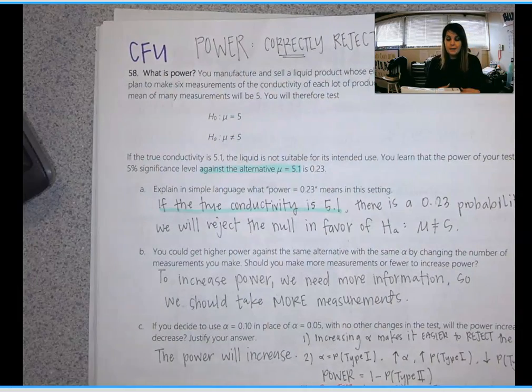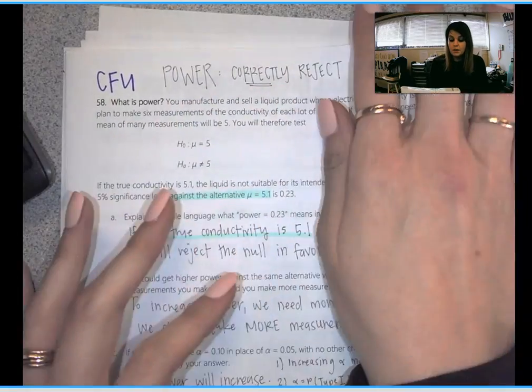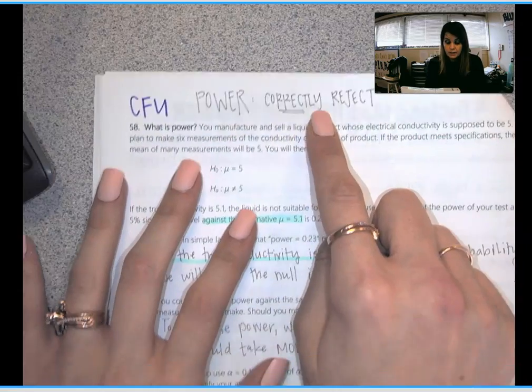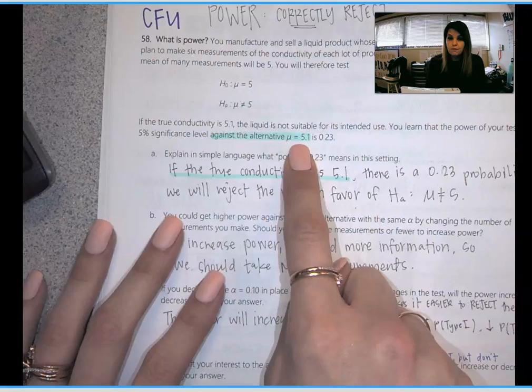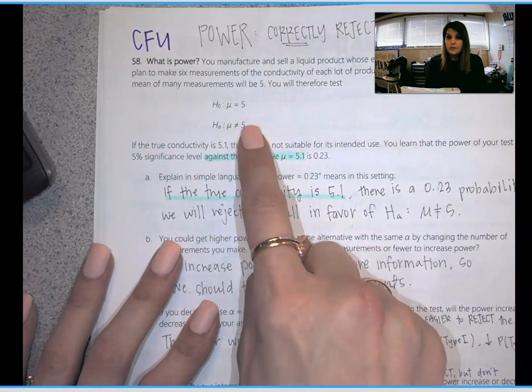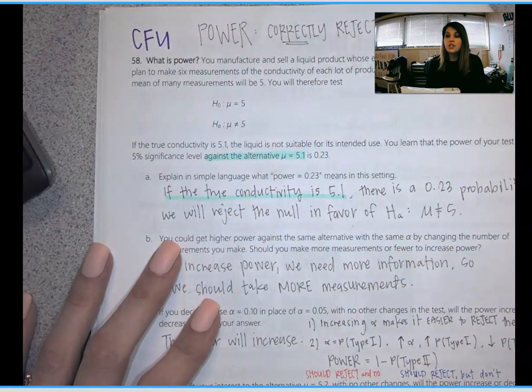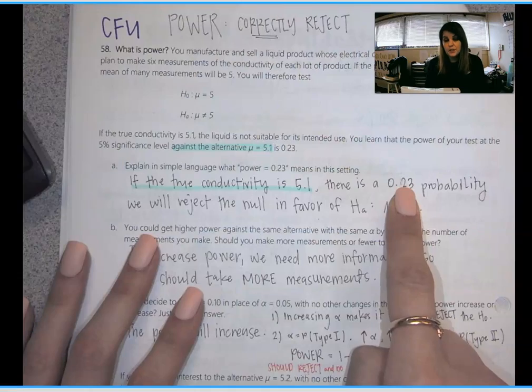So, explain in simple language what it means. And I had to write up here, power means that you correctly reject. So, if mu is really 5.1, then we should reject H0. Well, what are the chances that that is going to happen? Only 23%.